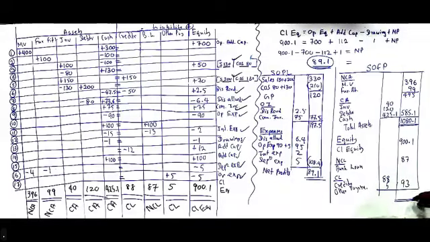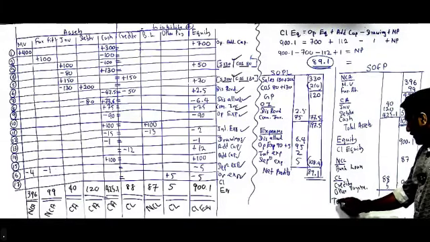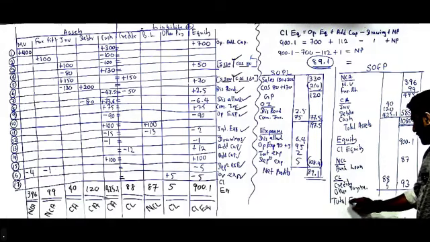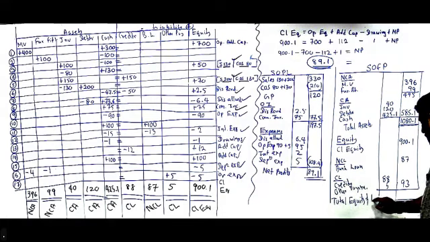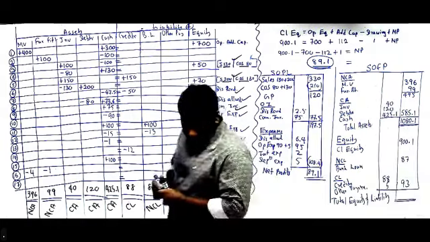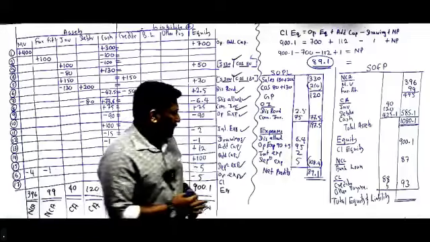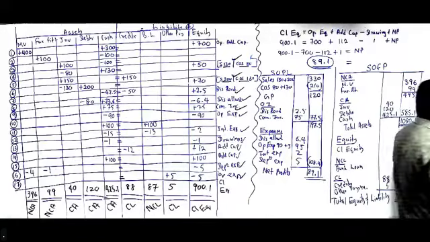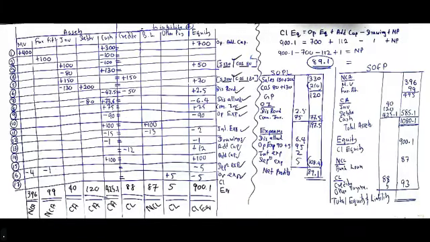Here you will be getting total equity and liability. Check whether it is balancing. Online people also check whether it is balancing.